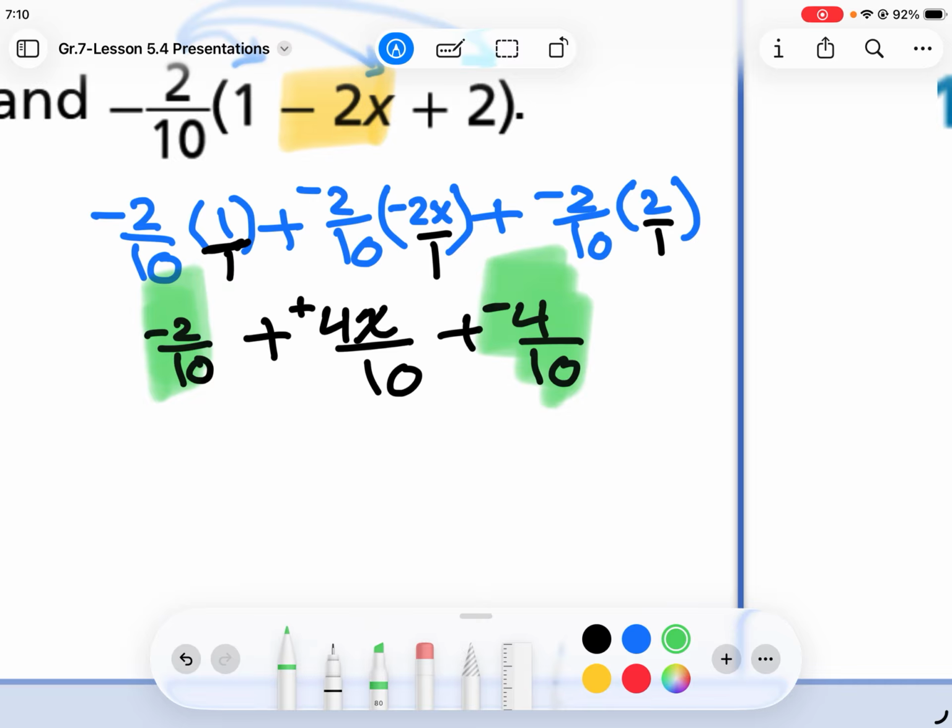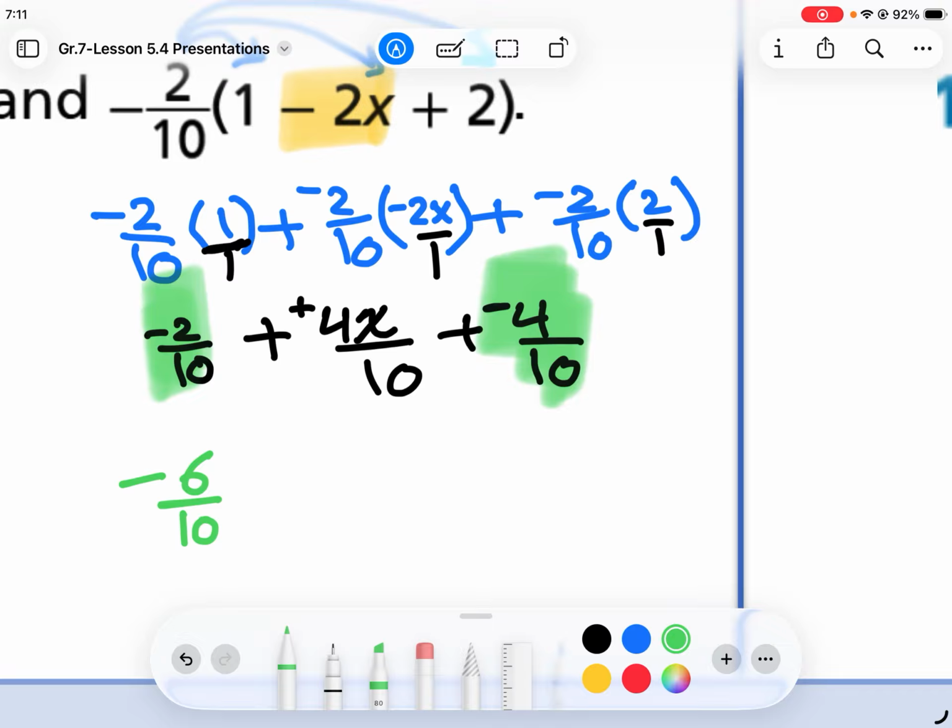So we can simplify them. Let's apply the SADs. They are both the same sign, so we add 2 plus 4, that's 6, and the denominator stays the same. And the sign will be negative because same sign, add and keep the sign.